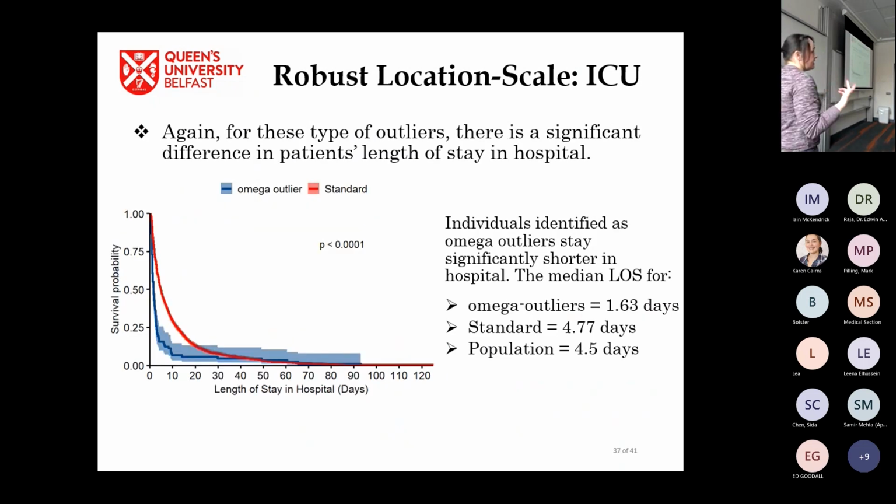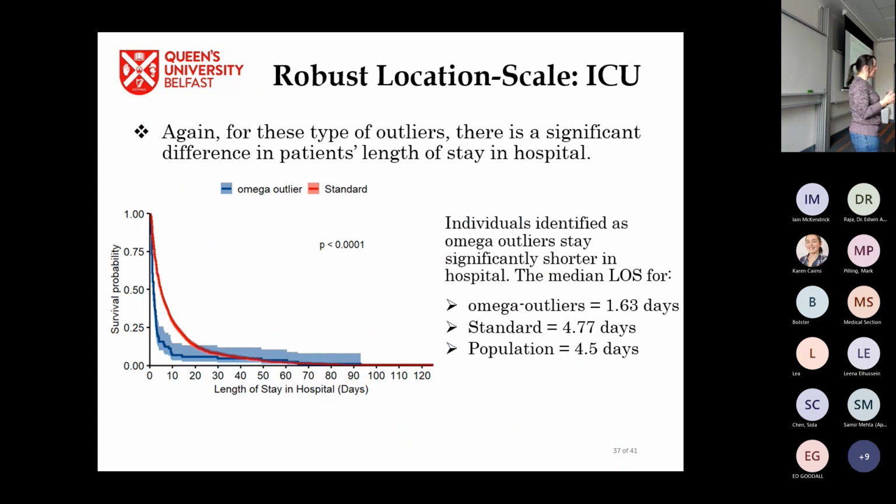Again, if we identify these individuals as outliers and look at the Kaplan-Meier curves for the two groups of individuals, what we're seeing is that individuals identified as omega outliers have a significantly shorter stay in hospital than those identified as standard patients. Because we don't know the destination, we don't know whether that's a good thing or a bad thing.